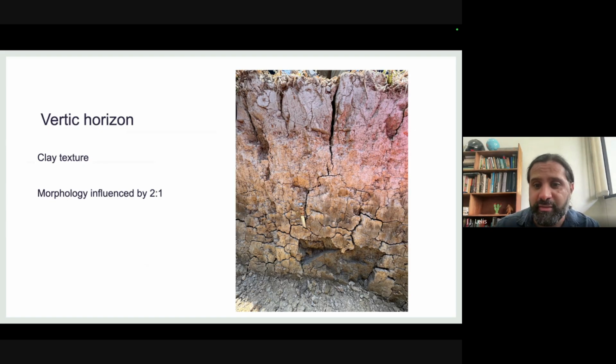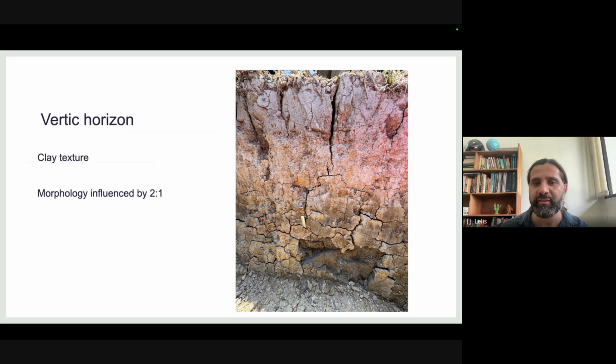We have some features that express high activity clays, features that express intense shrinking and swelling and some movement of clay in the soil because of change of volume.